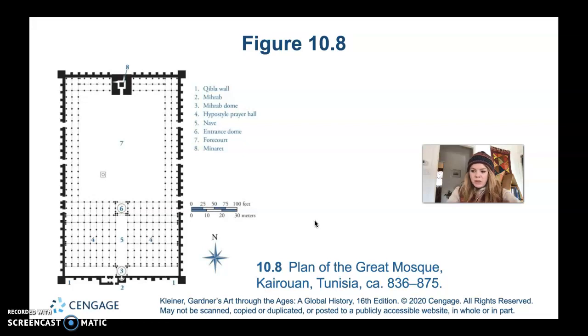And Friday mosques are typically large enough to hold everyone in the settlement at once for the Friday noon prayer. So instead of Sunday, Friday is the day where they come together and pray, typically at least once a week, sometimes more, sometimes 5 times a day if they wanted to or if they had time. But at least I think they have to pray from home facing Mecca at the very least 5 times a day.